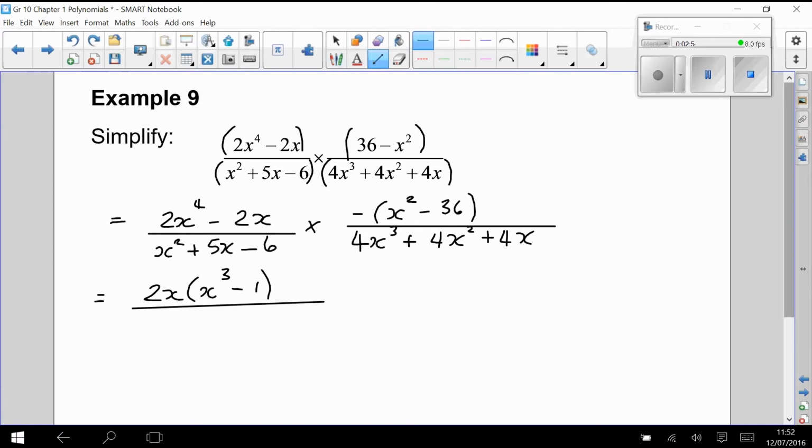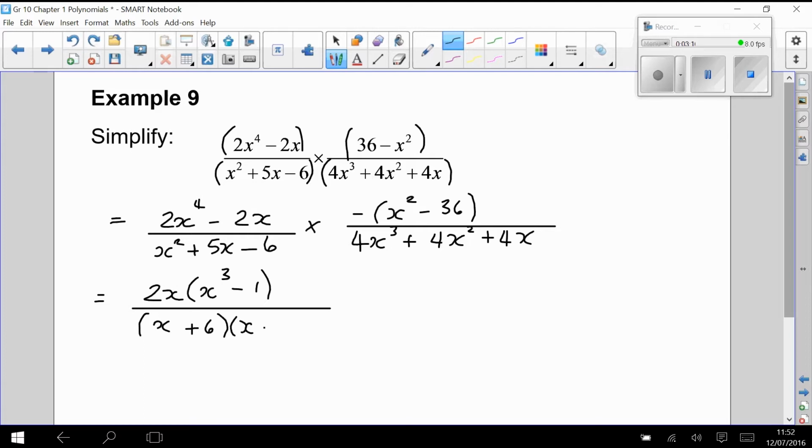In the first denominator, there is a trinomial. Factorizing this trinomial, I'm going to get x squared, then x plus 6 and then x minus 1. Moving on to the next part, remember there's still a minus, but in the second numerator there is a difference of two squares, which gives me x plus 6 and x minus 6.